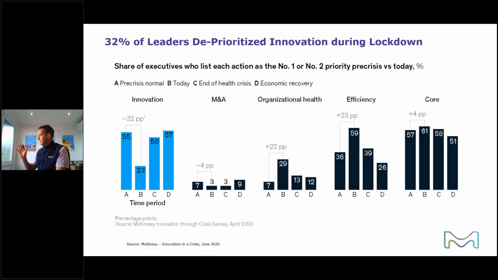And so that's going to be massive in increasing our capacity and making sure that we can do things faster, become more productive, more efficient. Because interestingly, another McKinsey survey showed a lot of leaders were actually deprioritizing innovation during this time of crisis.